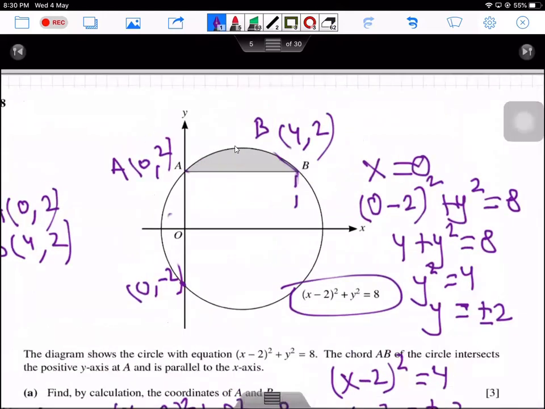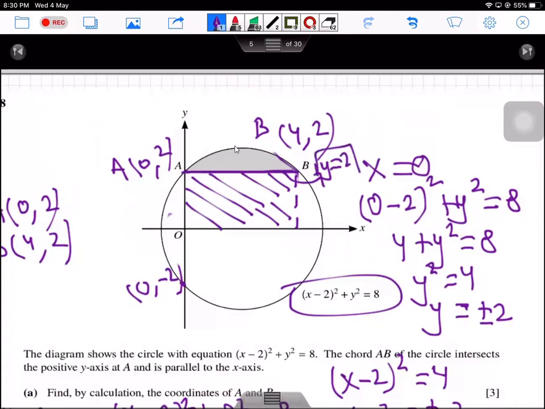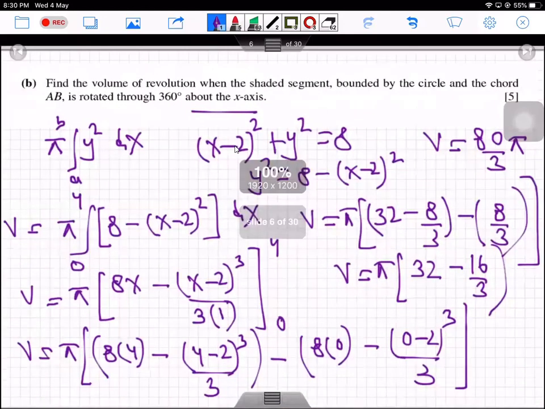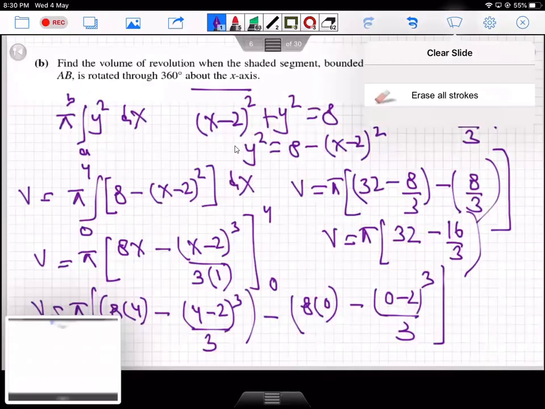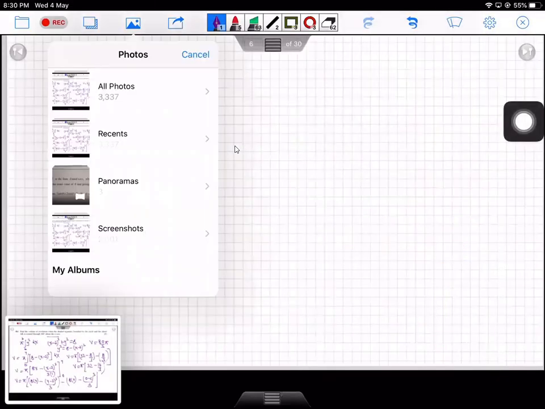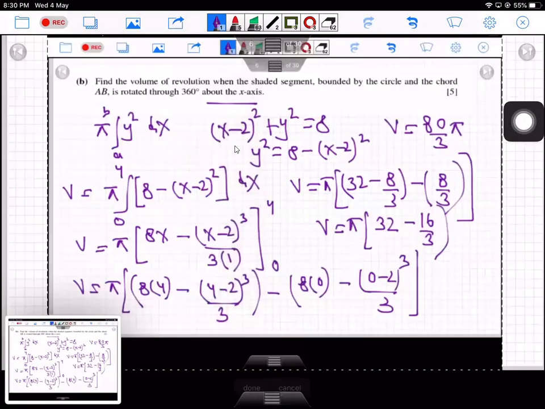Now what you can do, you can use the formula for the volume of the cylinder as well, and you can just use the fact that this is the area under the straight line y is equal to 2, and you can exactly use this formula over here, which we have used for the equation of the circle.